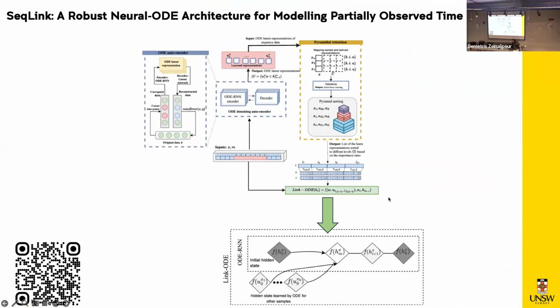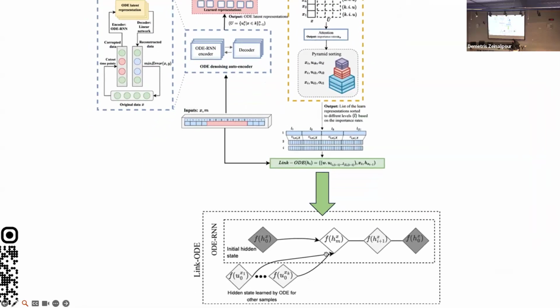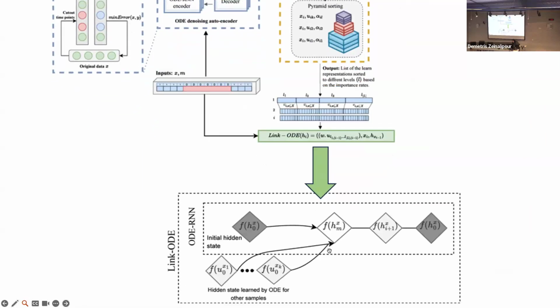So we'll end up with a linked ODE representation here, where we can link the two ODE latent representations. We can link the hidden state learned by the ODE of other samples. All right.